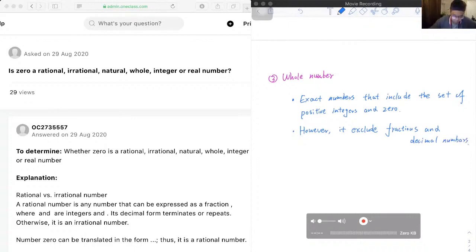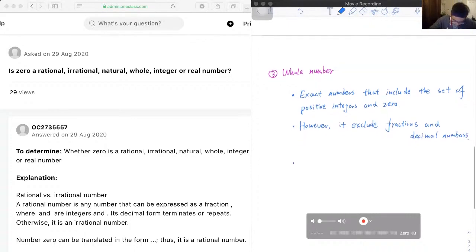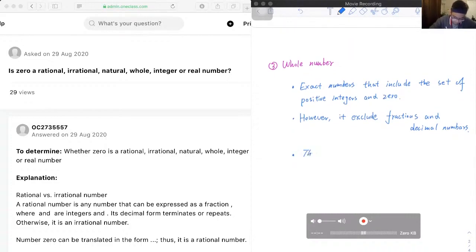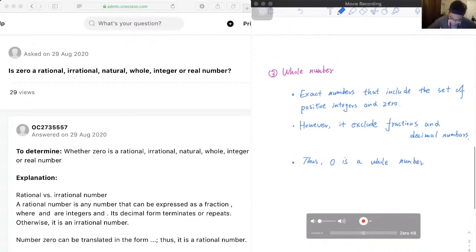According to the definition, we have our conclusion that 0 is a whole number. So the range goes 0, 1, 2, 3, 4, dot, dot, dot, to infinity.